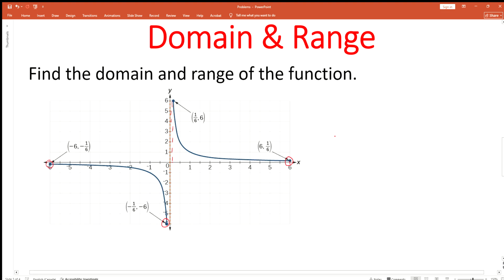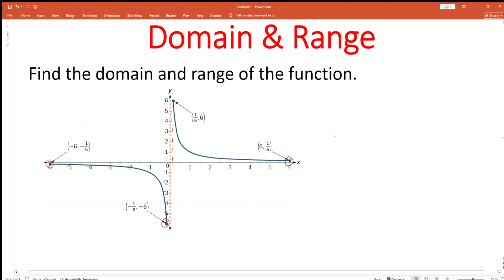Therefore, the domain is all x values from -6 to -1/6 and 1/6 to 6, and the endpoints are also included in the domain because of the filled dots or filled circles at the ends of these two curves.